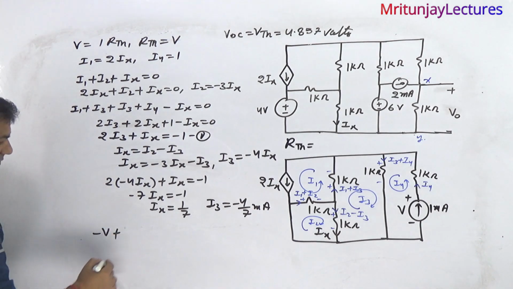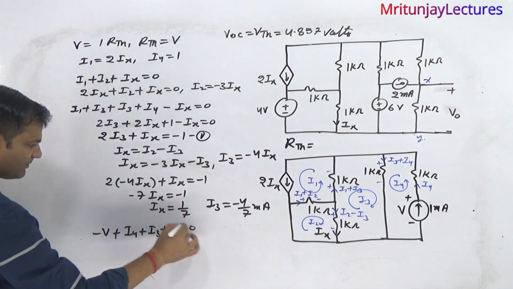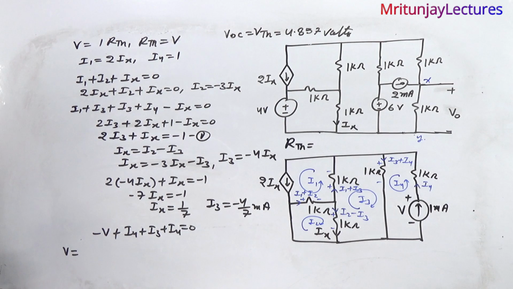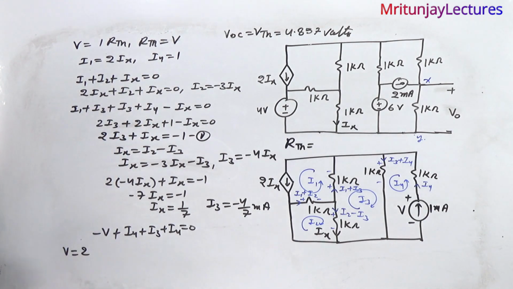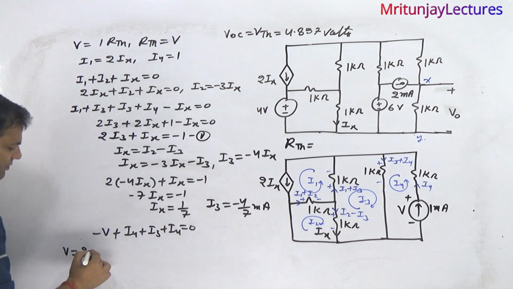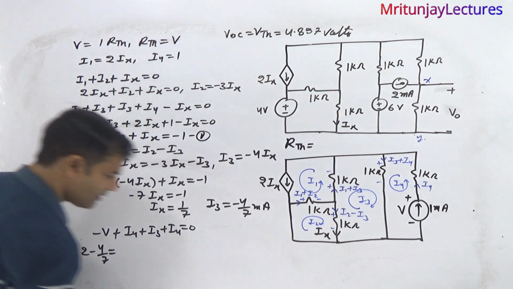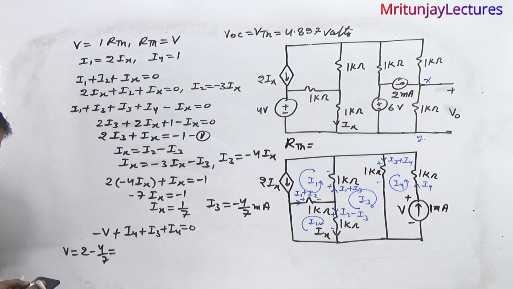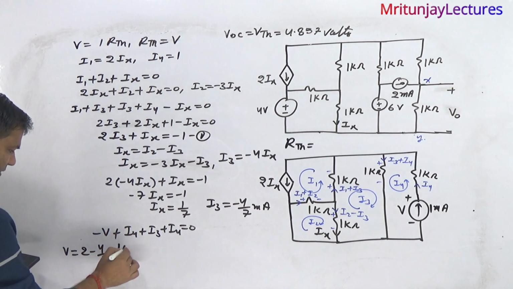Our target is corresponding to this one. Apply KVL in this loop, that is I4 plus I3 plus I4, this is equal to 0. So what about V finally? I4 plus I4, that is 2 times I4, so 2 into 1, that is 2, and I3 is minus 4 by 7, so that is 14 minus 4, that is 10 by 7.